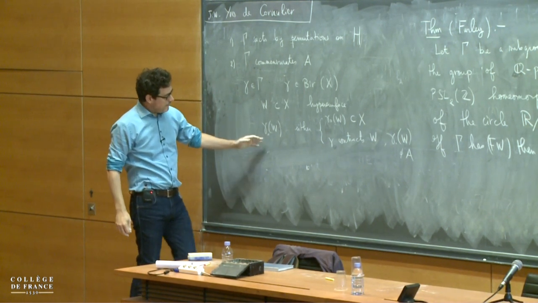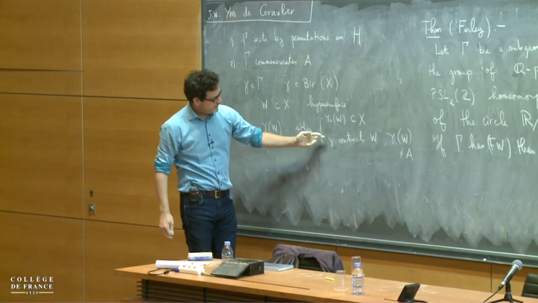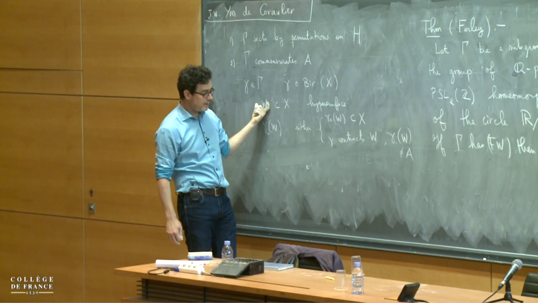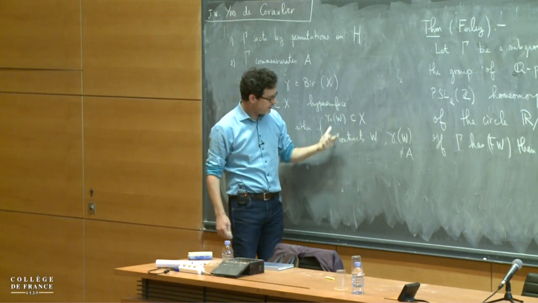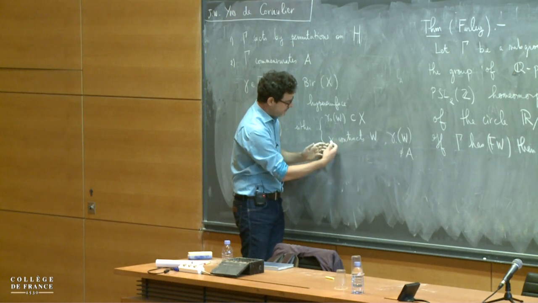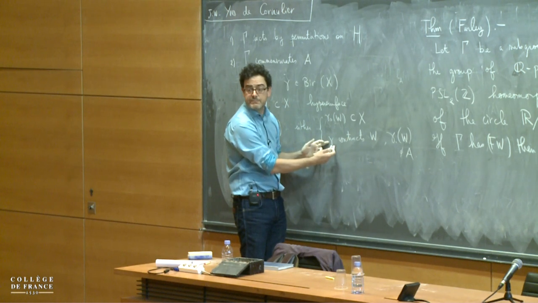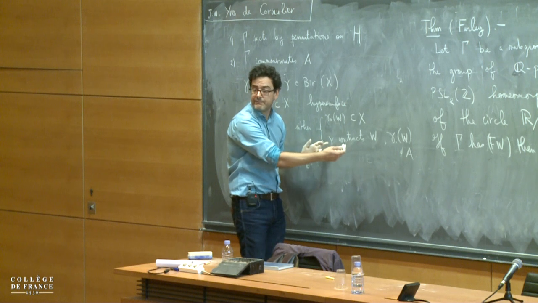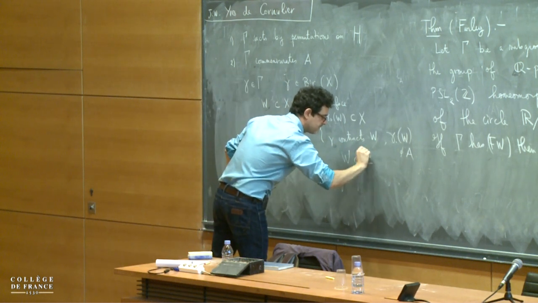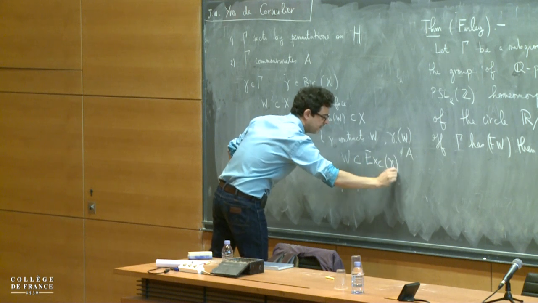Okay? But you see that the hypersurfaces W, which are in A, but which are not mapped in A, they all come from the hypersurfaces which are blown down by gamma. And there are only finitely many of them. So let me denote this by W is contained in the exceptional locus of gamma.